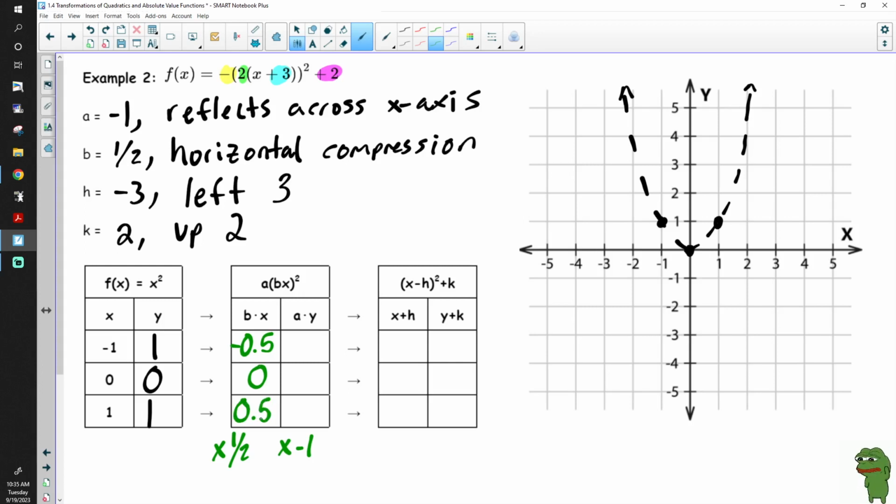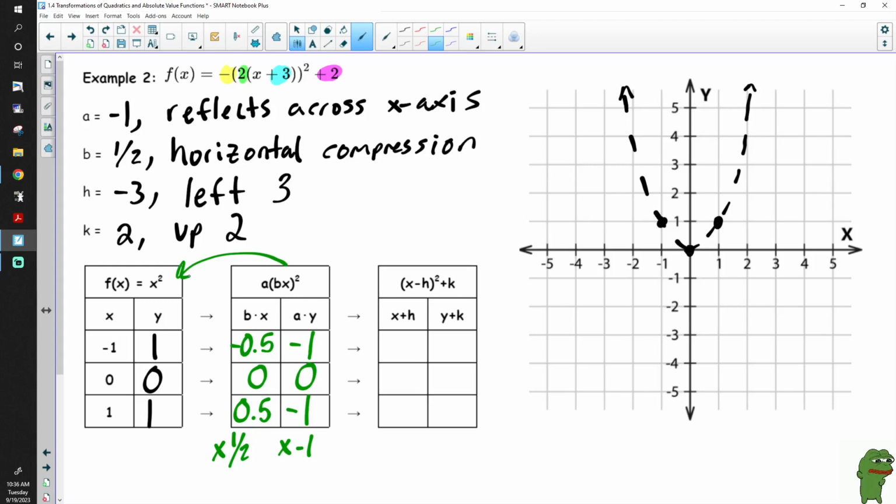So that's multiplying all of my x values by the b value. Now we multiply all of the y values by the a value. So multiply them all by -1. So what do they become? -1, 0, -1. Yay. Remember, these are all based off of this table. There we go. Now let's plot.